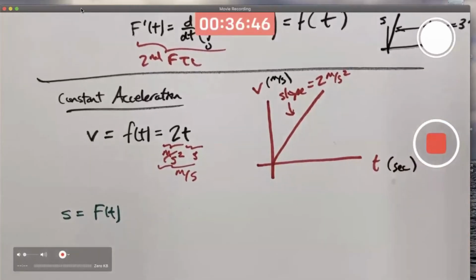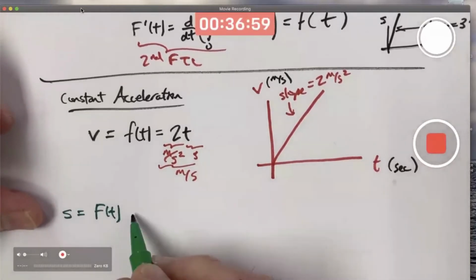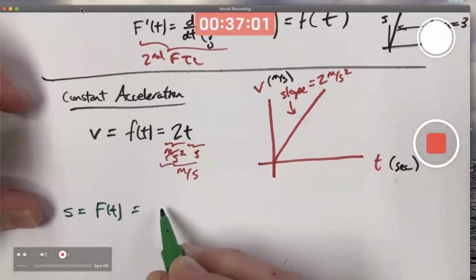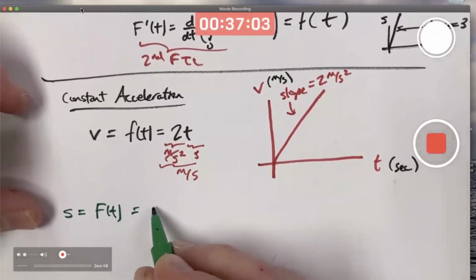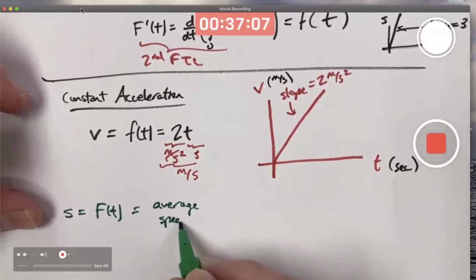If you're moving to the right here in this situation, you're speeding up. Your velocity gets bigger and bigger. Your speed gets bigger and bigger. I can't do rate times time, but I can make a slight modification and call it average rate times time, or average speed times time.